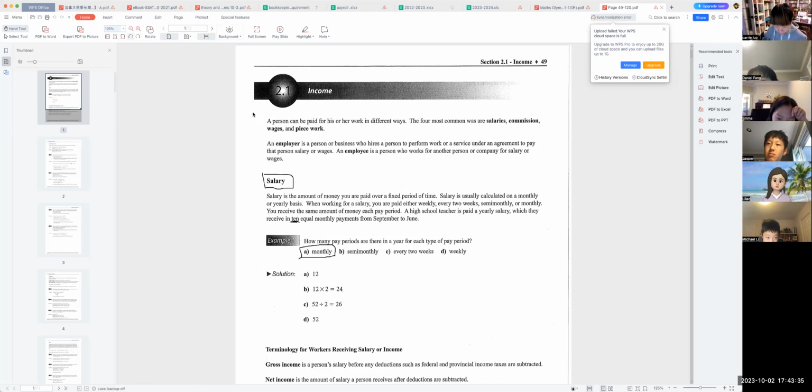Very good. Semi-monthly, Lilac, how many payments are there? 24 times. Get it? Because semi-monthly means half month. Get it, Emma? Get it, Daniel?